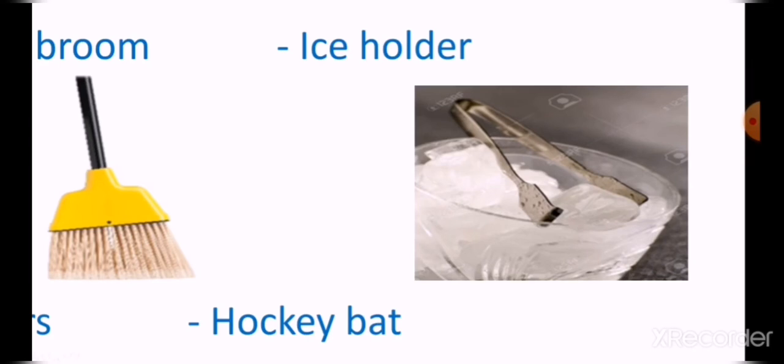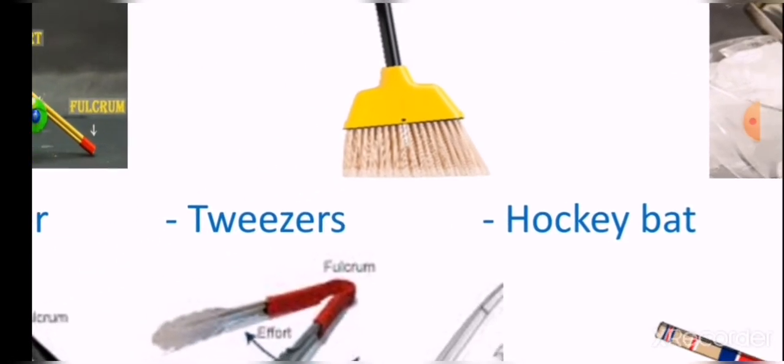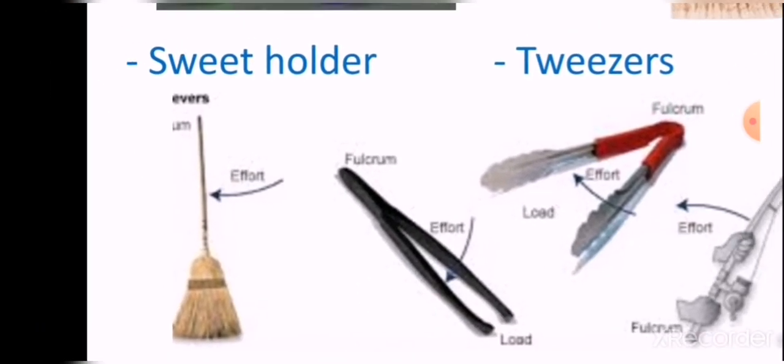You hold the ice holder or coal holder from the middle, so the effort force is between the resistance force and the fulcrum. This is also a sweet holder. Here, the manual broom, the effort force is between the resistance force and the fulcrum.